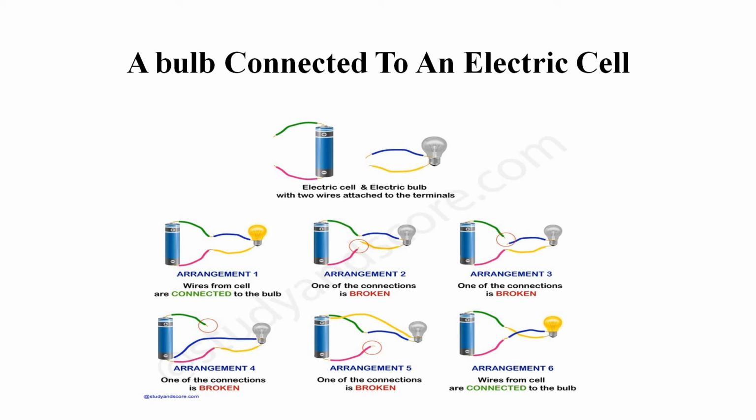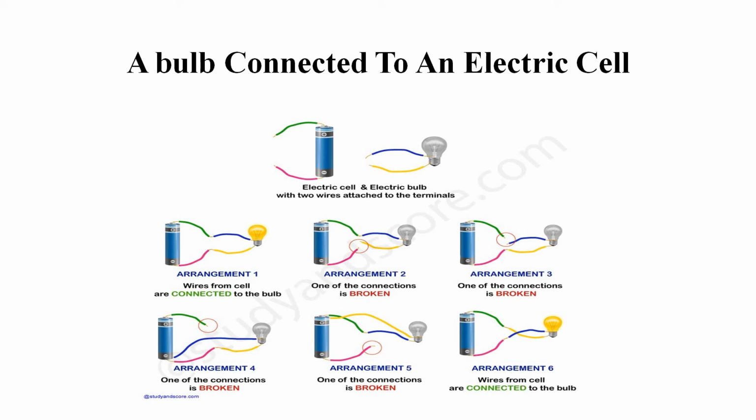Then we connect one end of each wire to the two terminals of the bulb with the adhesive tape. Now we connect the open ends of the two wires from the bulb with the two terminals of the cell in different ways as shown in this picture. And then students, we write down for each way of connection if the bulb lights up or not.